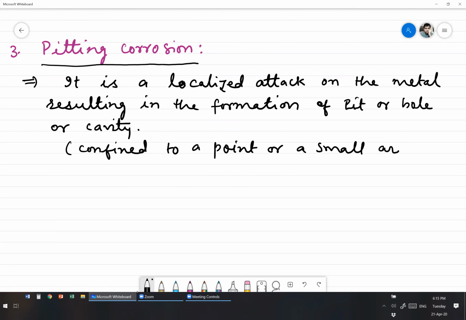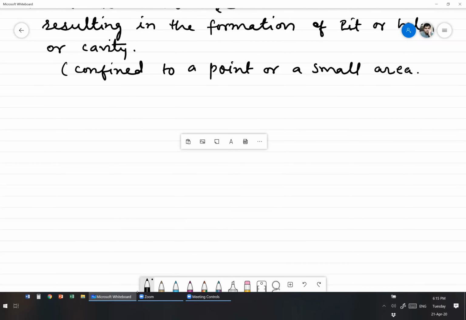If a small part of the metal is affected by this corrosion, but this is a very rapid and aggressive type of corrosion. So let's take an example to understand this.